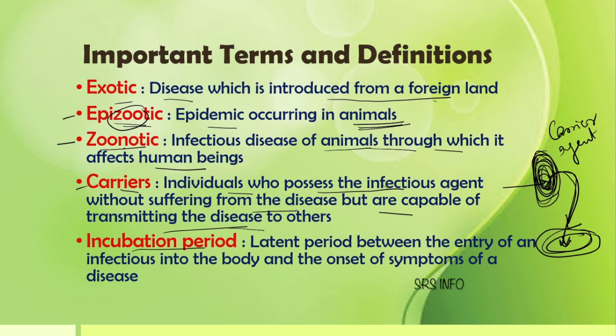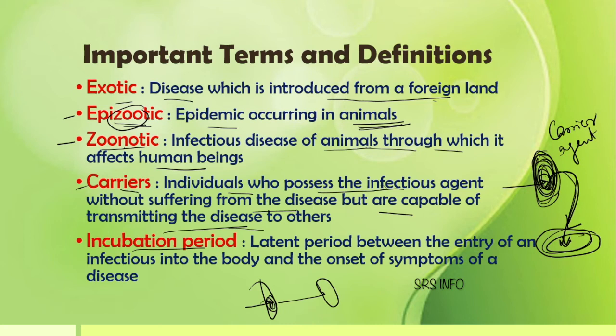Incubation period. This is also important. Suppose this is a human body. Again, I will give you the same example. The infectious agent comes, then it starts to develop and grow. Nothing will happen. After some days, this person starts to show some symptoms of disease. That is, the person is affected by the infection given by this infectious agent.